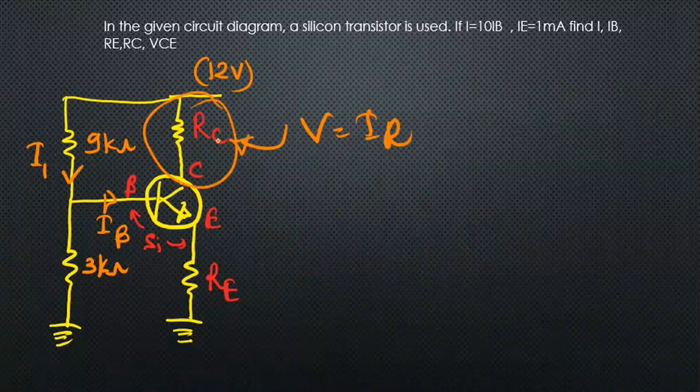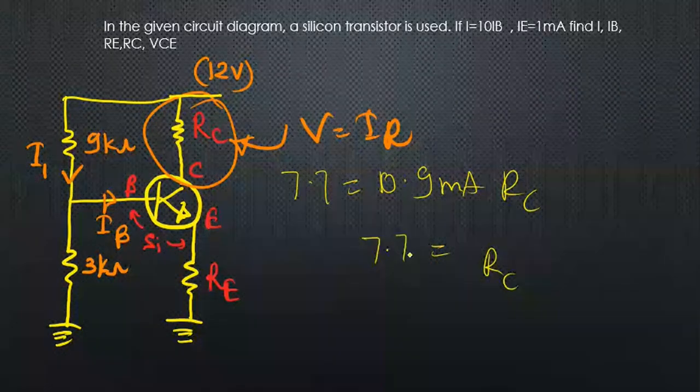The potential difference we found is 7.7 volt and IC is 0.9 milliampere, so RC equals 7.7 divided by 0.9.